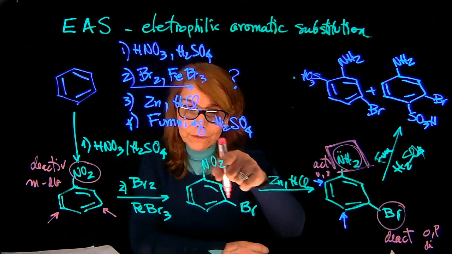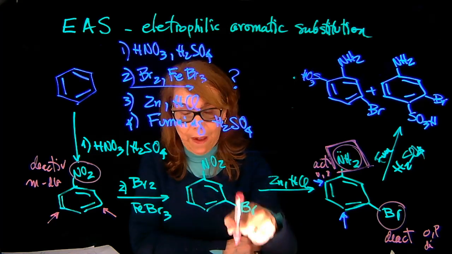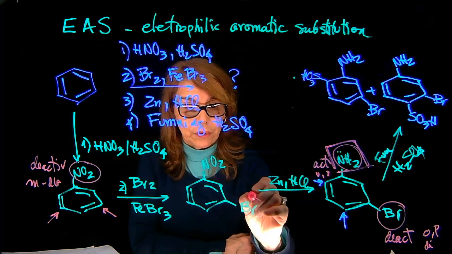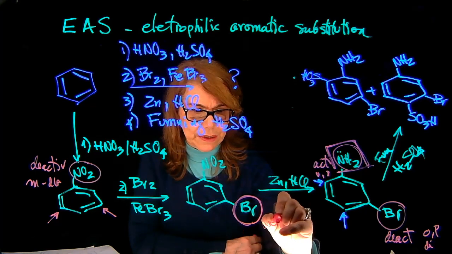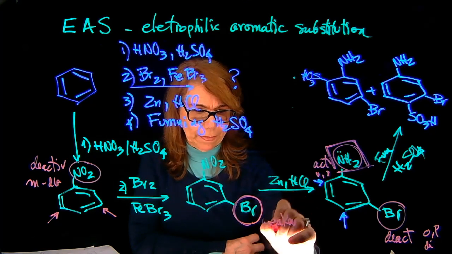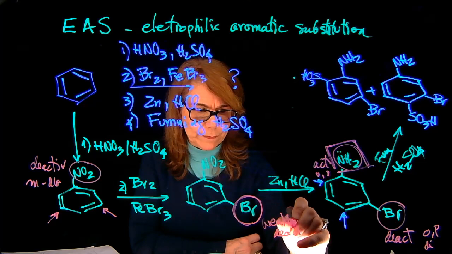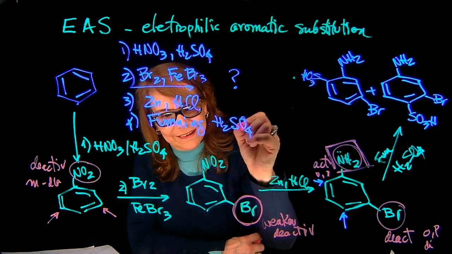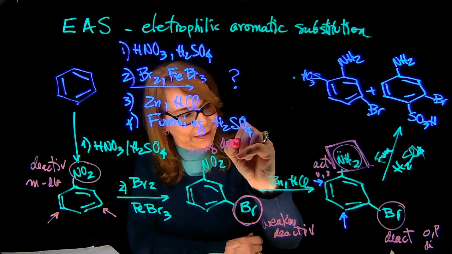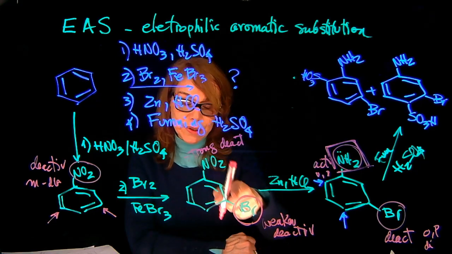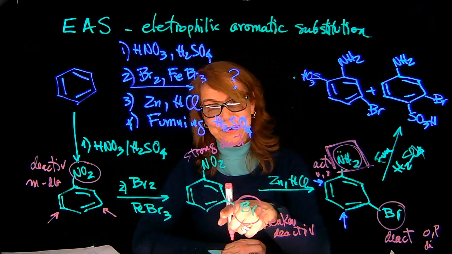So when you have two deactivating groups, the weaker is going to determine where the substitution goes. So this is, let's write it down, weaker deactivating, and this is strong deactivating.